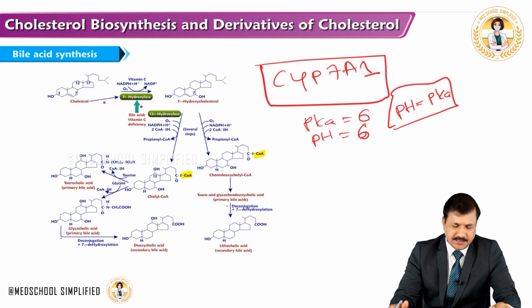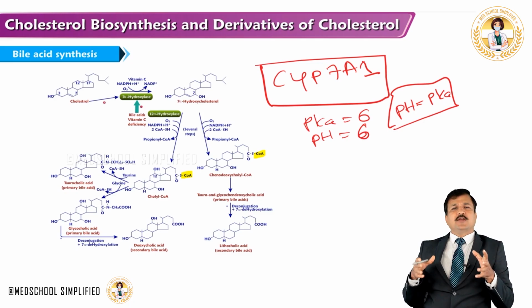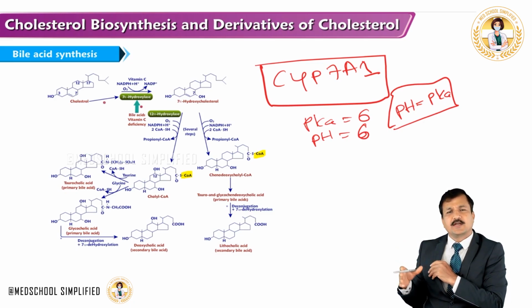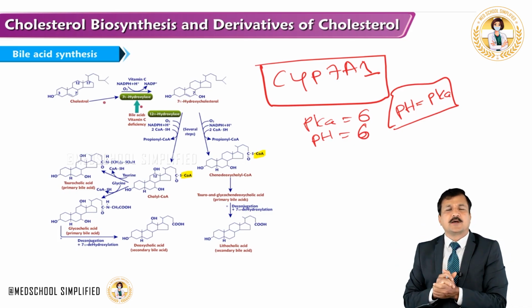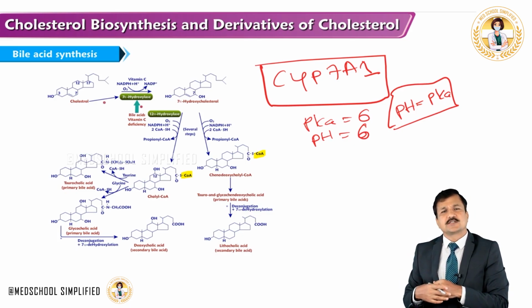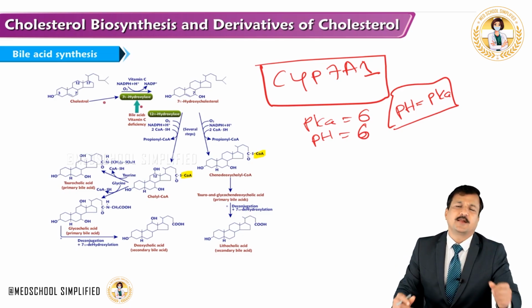With a pKa of 6 as in cholic acid and chenodeoxycholic acid, the bile acids are only 50% efficient in their detergent action in the intestine, because only 50% of the molecules will be deprotonated, and only the deprotonated forms are useful in the emulsification process, where the detergent action of bile acids is necessary for the digestion and absorption of dietary lipids.